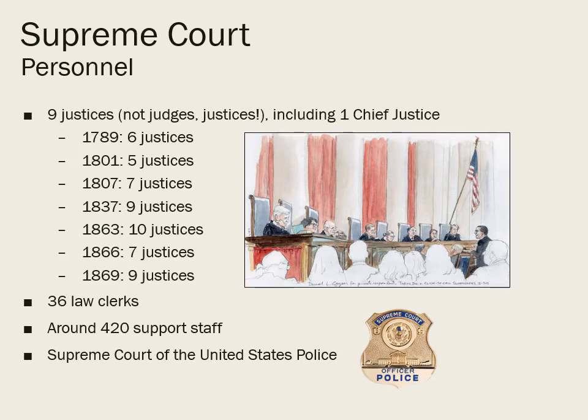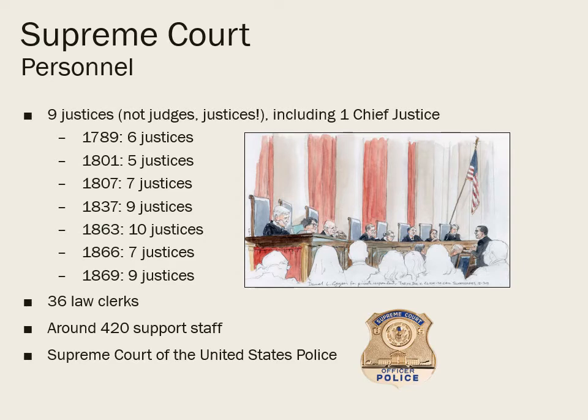The number of Supreme Court justices has changed quite a bit, particularly throughout the first 100 years of American history. We have had as few as 5 justices, we have had as many as 10. So the Judiciary Act of 1789, Congress originally set the number of Supreme Court justices at 6.